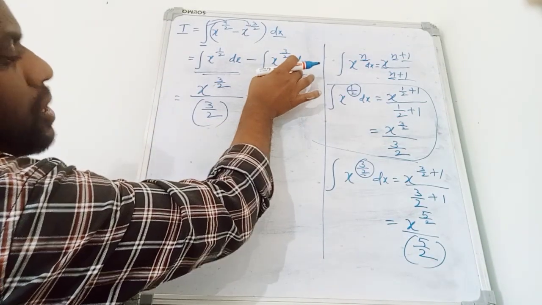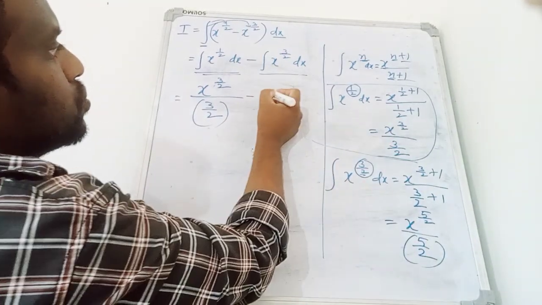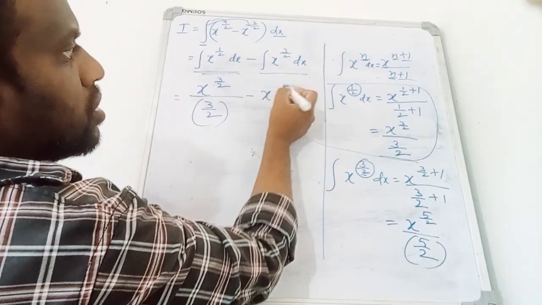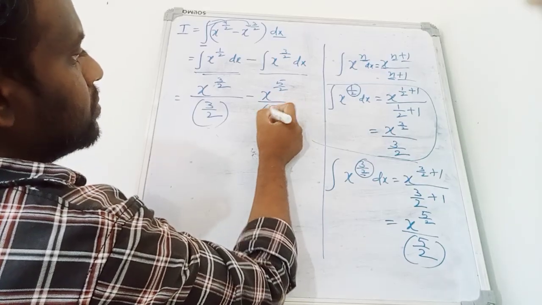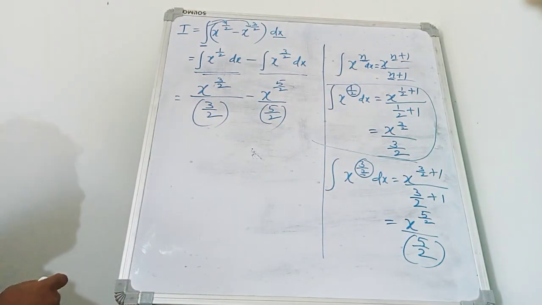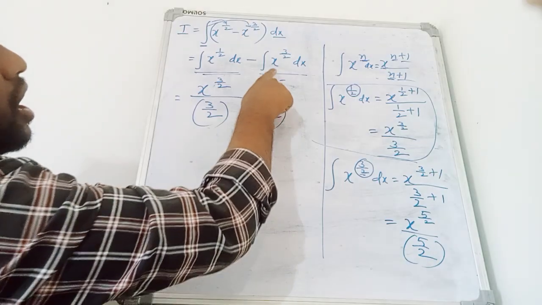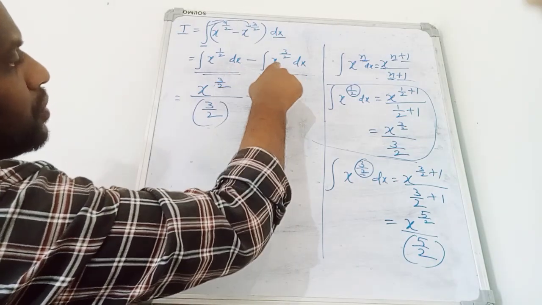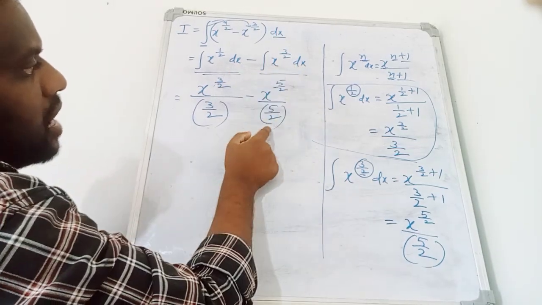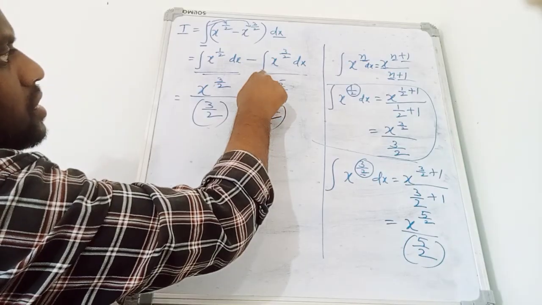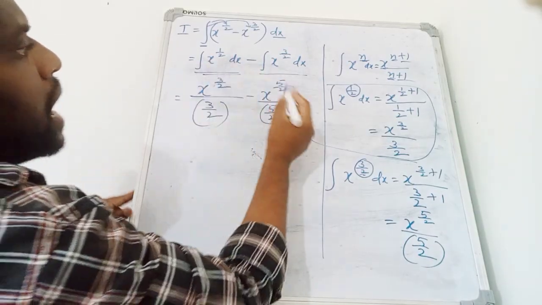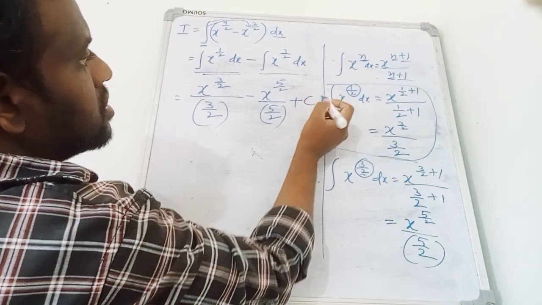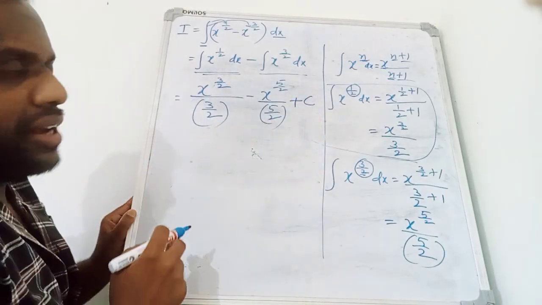So in place of this I write x to the power of 5 by 2 whole divided by 5 by 2. After you integrate, once the integration symbol is removed, you have to add the integration constant, plus c.